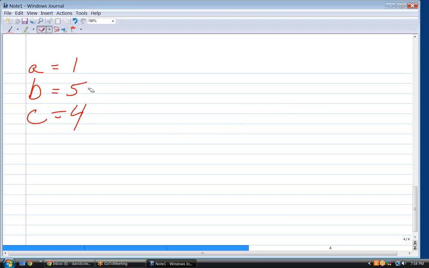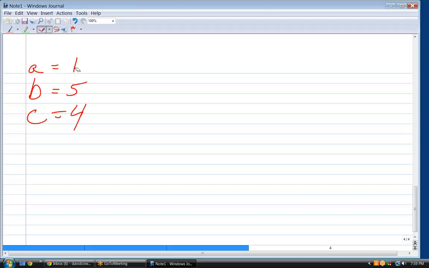In other words, the rule is any side has to be less than the sum of the other two, or the opposite. By that I mean greater than the difference of the other two. Well, 5 is not less than 1 plus 4, so it fails there. It is greater than 3, the difference of the other two, so it's okay there.